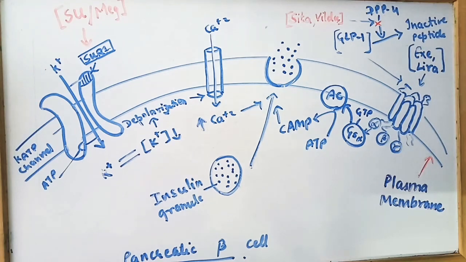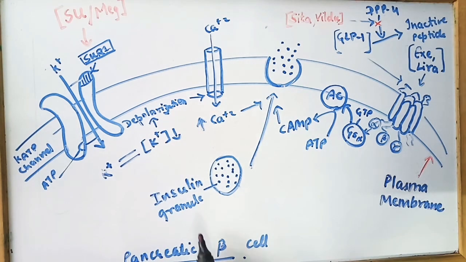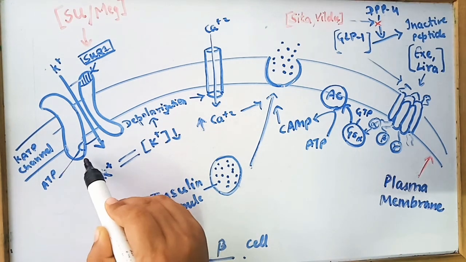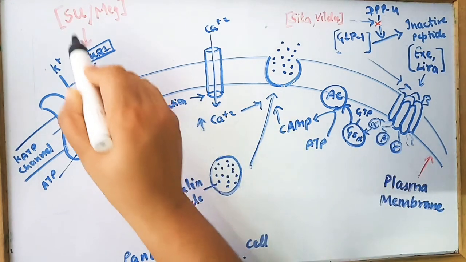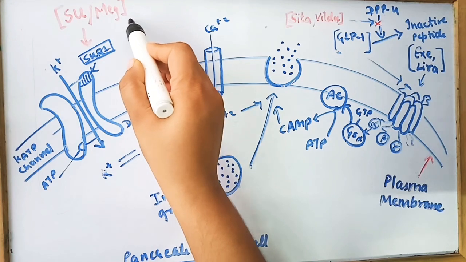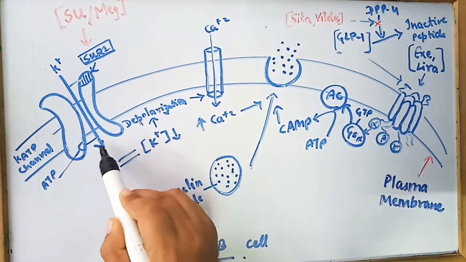Let's see the mechanism of action of drugs which act by enhancing the insulin secretion. So this is a pancreatic beta cell in which there is a potassium ATP channel, a calcium channel, as well as a GPCR. So the sulfonylureas and meglitinides go and bind over this potassium ATP channel. So this is an ATP mediated channel.